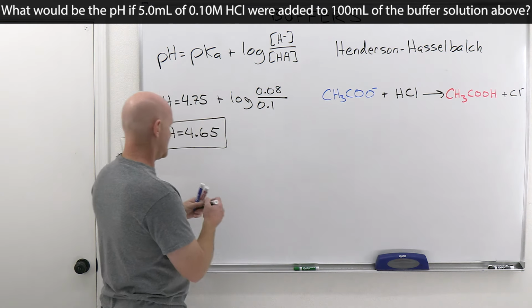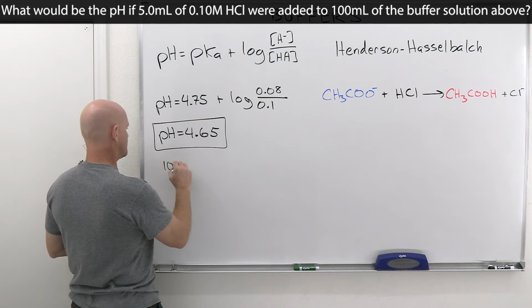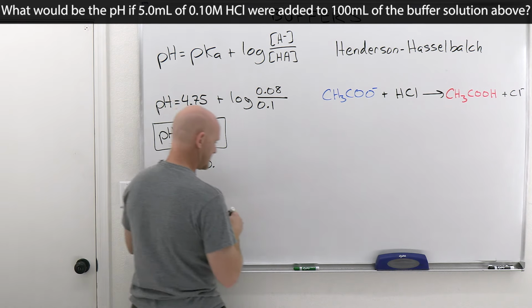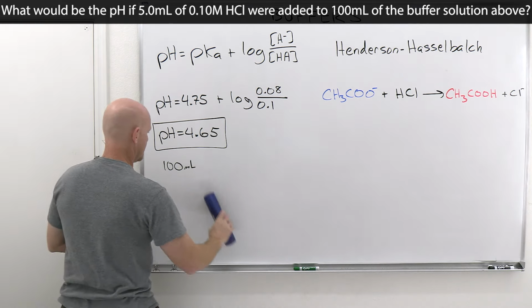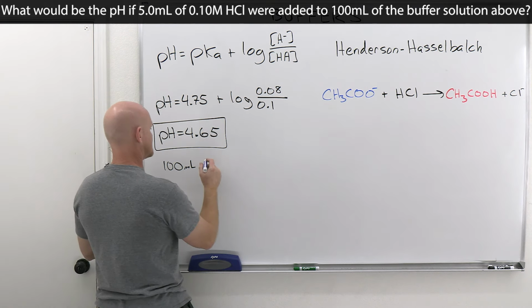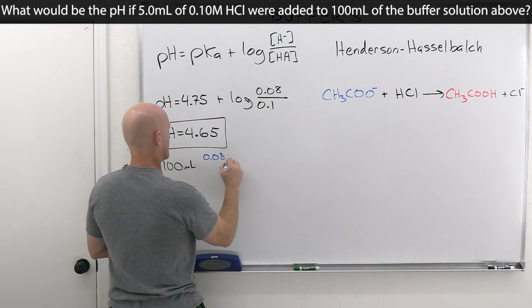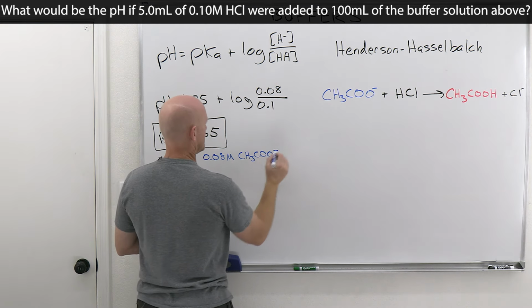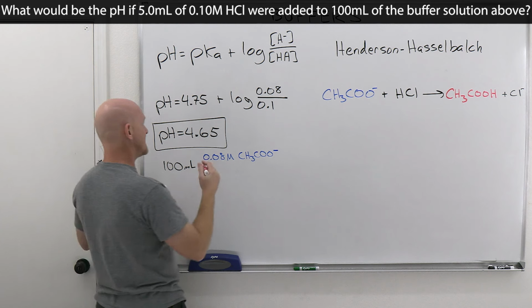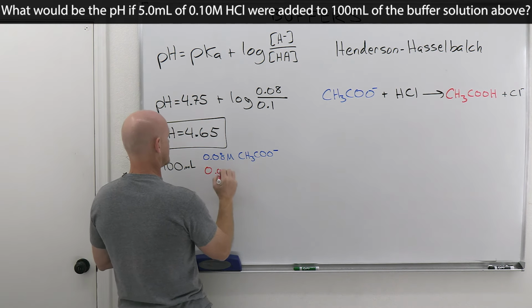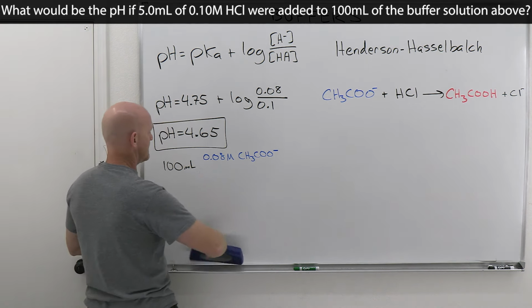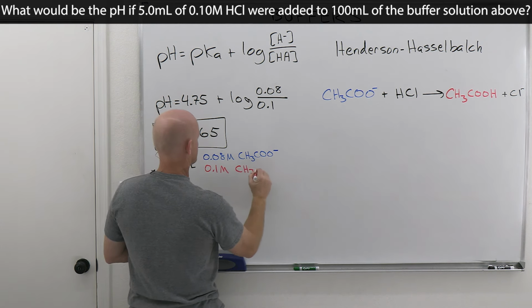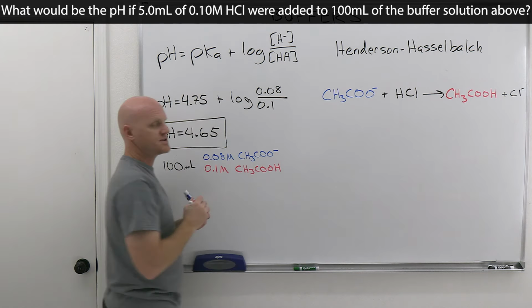And so in our case, we have 100 milliliters, and the solution is 0.08 molar in the sodium salt of the conjugate base, and 0.1 molar in the conjugate acid.